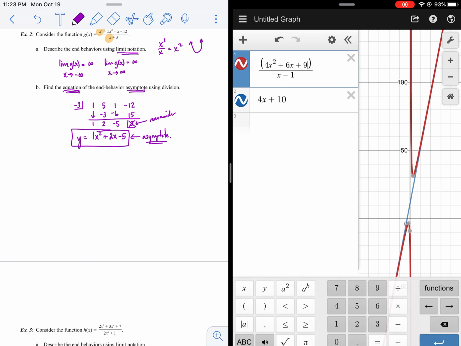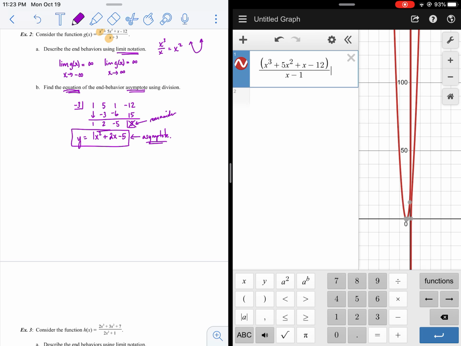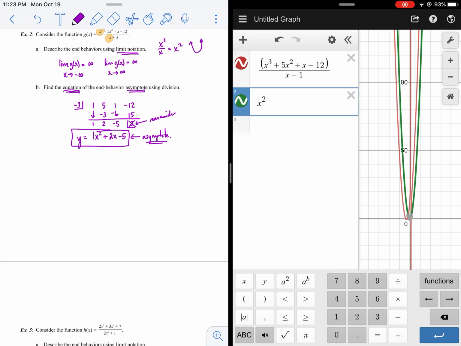So if I come in here, we'll change this to x to the third plus 5x squared plus x minus 12. And then we'll come in here. For the comparison method again, let's just look at what x squared looked like.